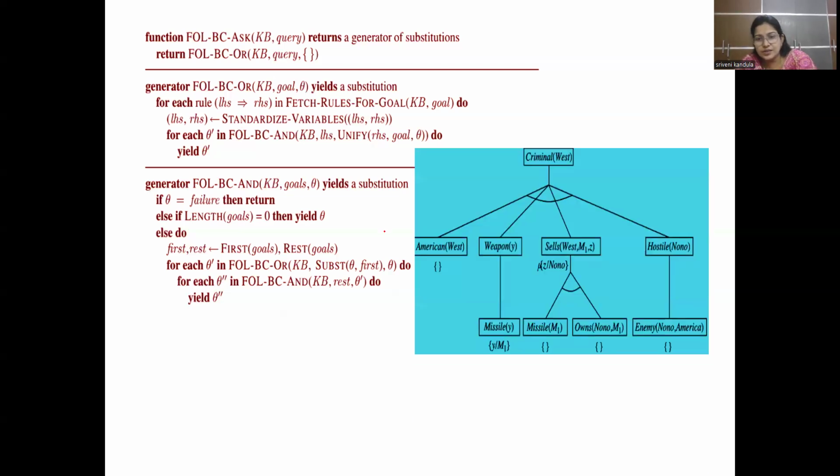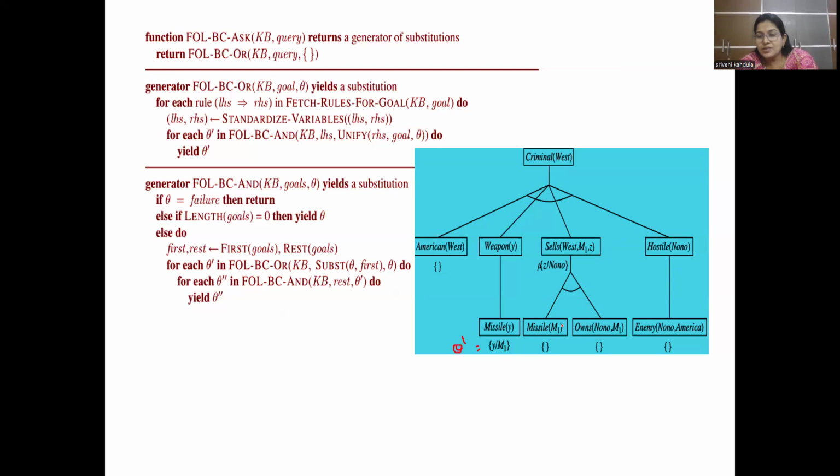I'll just show you in this example. So the first unification that we have done is we replaced M1 with Y. Okay, so this is our theta dash. And we try to generalize. We have standardized. I made sure that I'm using different names for different variables. For missile, I'm using Y. For missile, I'm using M1. Two different names I'm using.